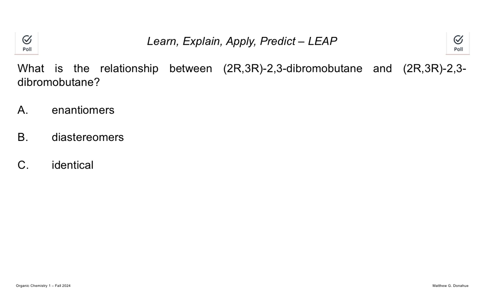So this is not a trick question. The relationship between 2R, 3R and 2R, 3R is they are identical. So 2R, 3R is equal to 2R, 3R. But you're a student.